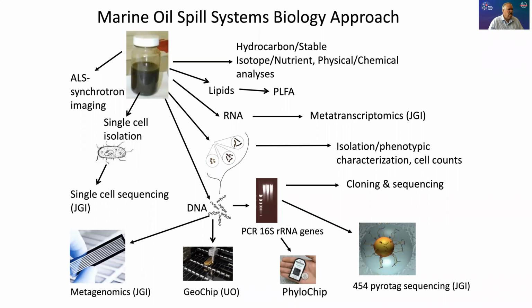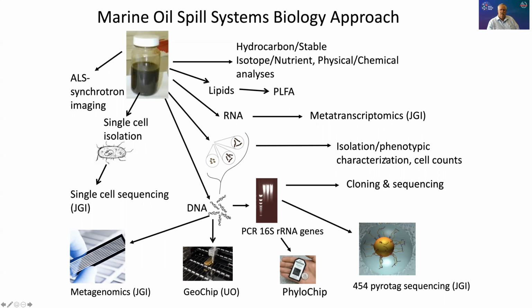So the marine oil spill systems biology approach basically showed how we could do hydrocarbon stable isotopes, nutrients, physical and chemical analyses, lipids, phospholipid fatty acid analysis, and metatranscriptomics. This was done by the Joint Genome Institute.